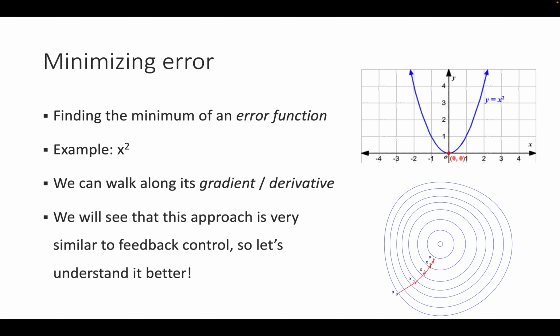So the picture here at the bottom shows a 2D cost function which has a minimum in the center, and the idea is to sample this function at different positions at different times. So I'm starting here and then I'm moving step by step toward the center of this valley.